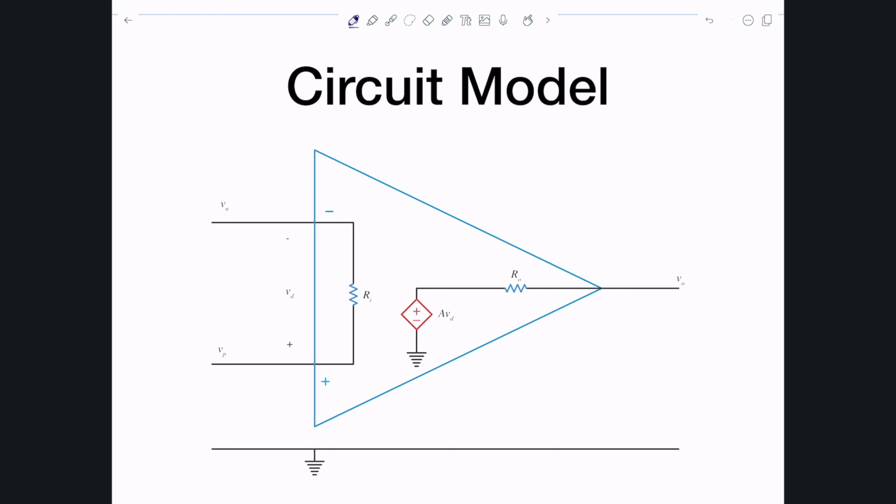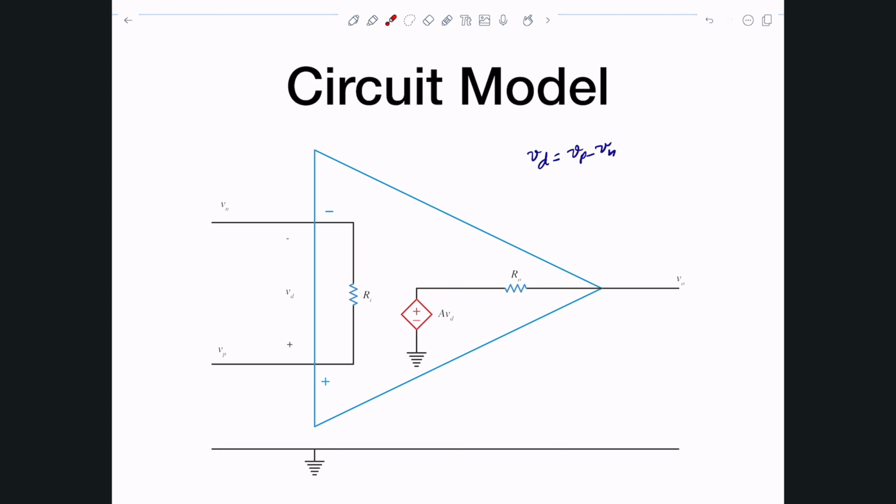Let me just write this here. The V difference is just simply the positive minus the negative edge. Just remember these VP and VN are in terms of ground. Similarly with the V output, this will be the positive, this will be the negative. So as it turns out, the operational amplifier is simply a couple of resistors, an input and output resistance, and just a voltage controlled voltage source, and that's pretty much it.